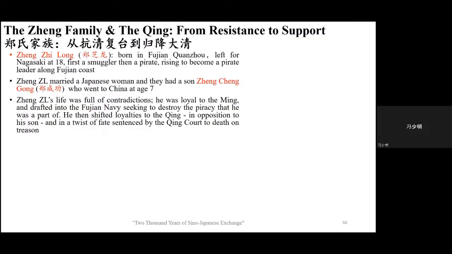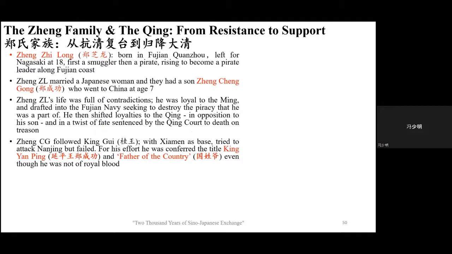So a little bit about the Zheng family. Zheng Chenggong's father, Zheng Zhilong, was born in Fujian but married a Japanese woman, and they had a son, Zheng Chenggong, who went to China at age 7. Zheng Chenggong tried to overthrow the Qing government to resume the Ming government, right?